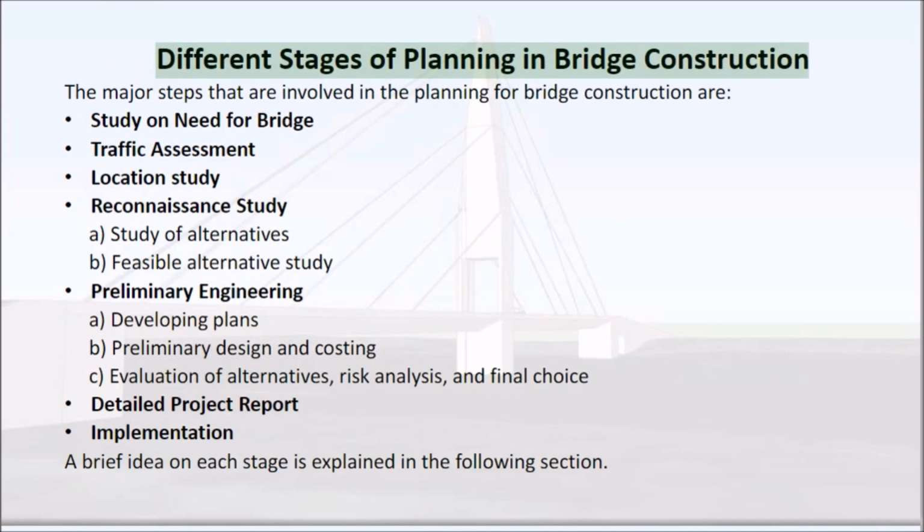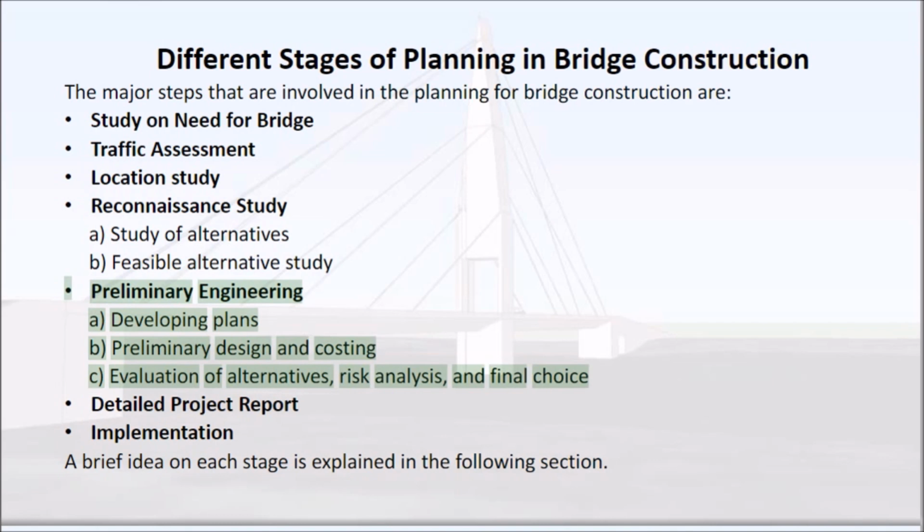Different stages of planning in bridge construction. The major steps that are involved in the planning for bridge construction are: study on need for bridge, traffic assessment, location study, reconnaissance study, A, study of alternatives, B, feasible alternative study, preliminary engineering, A, developing plans, B, preliminary design and costing, C, evaluation of alternatives, risk analysis, and final choice.